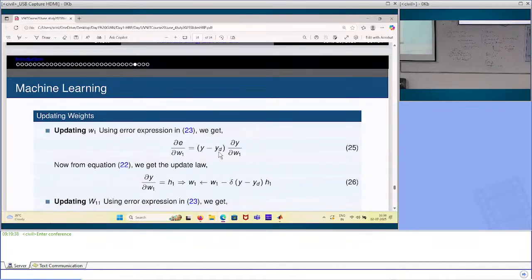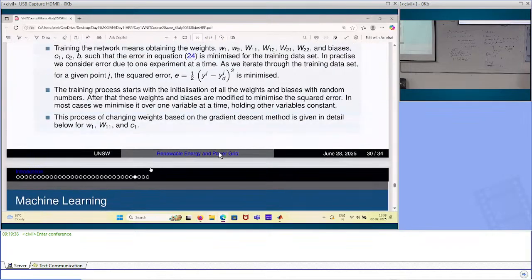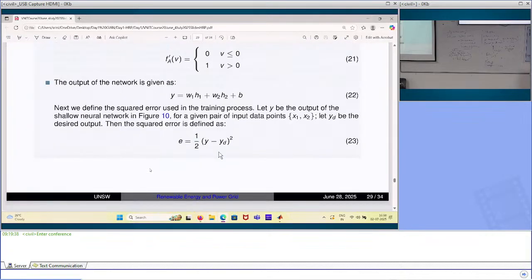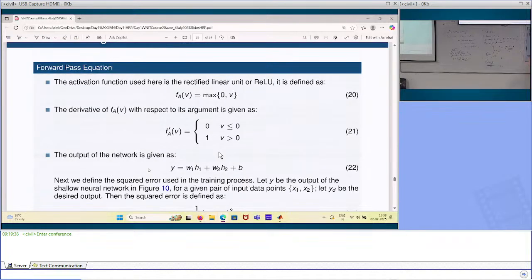So dy on dw1 is h1. Does it make sense that dy on dw1, del y on del w1 will be h1? ठीक है? ये लिख लें आप.